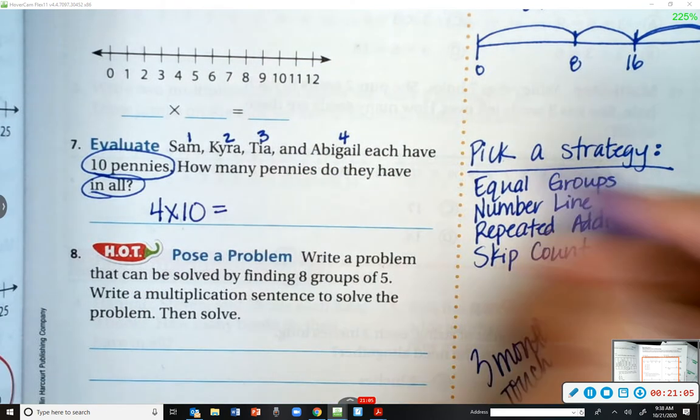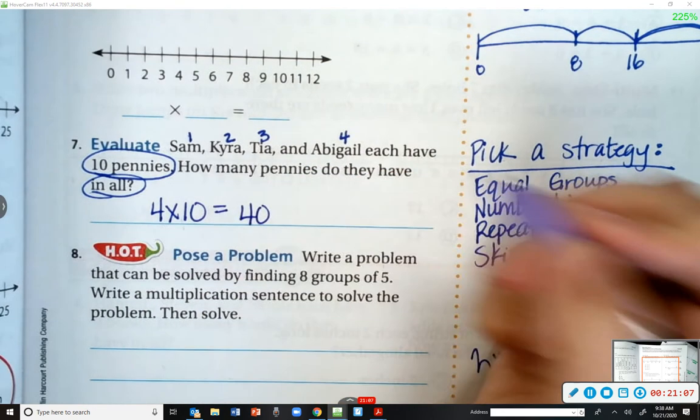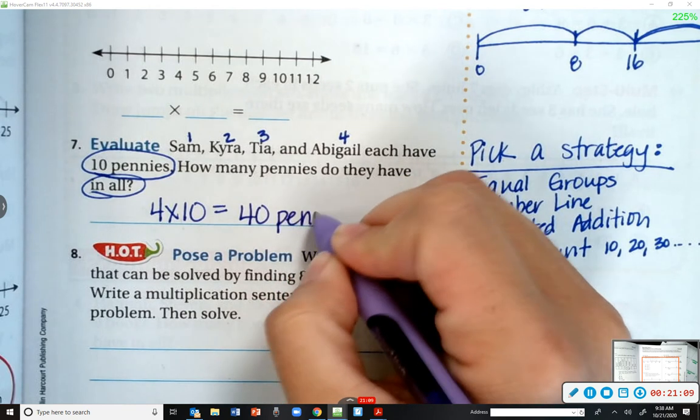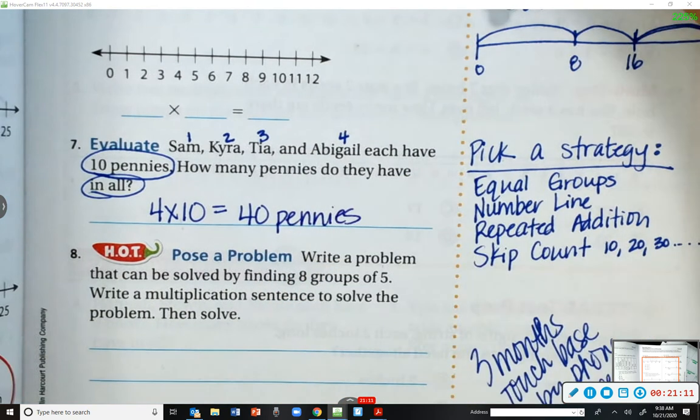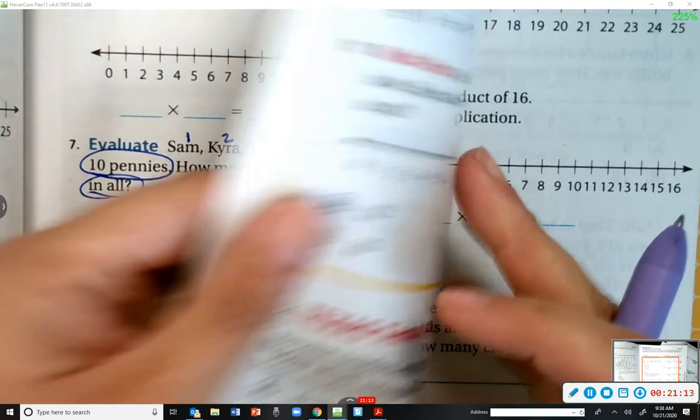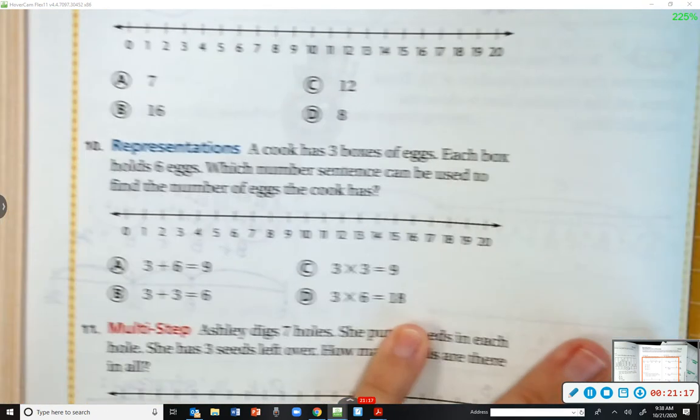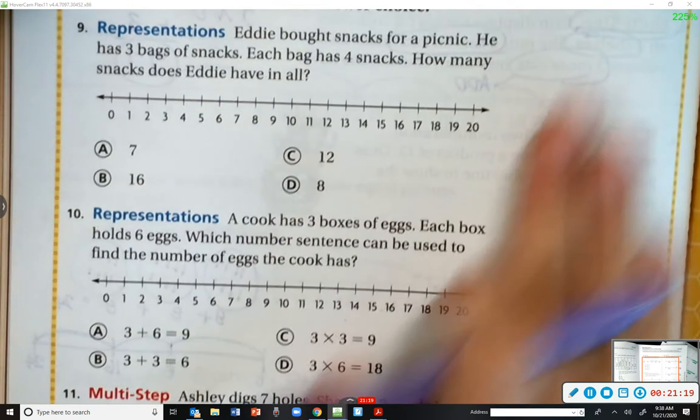We skip by tens and you would have gotten 40 pennies in all. Okay? Then we were told to go on to the next page and complete these on our own. So let's go over your answers for this.